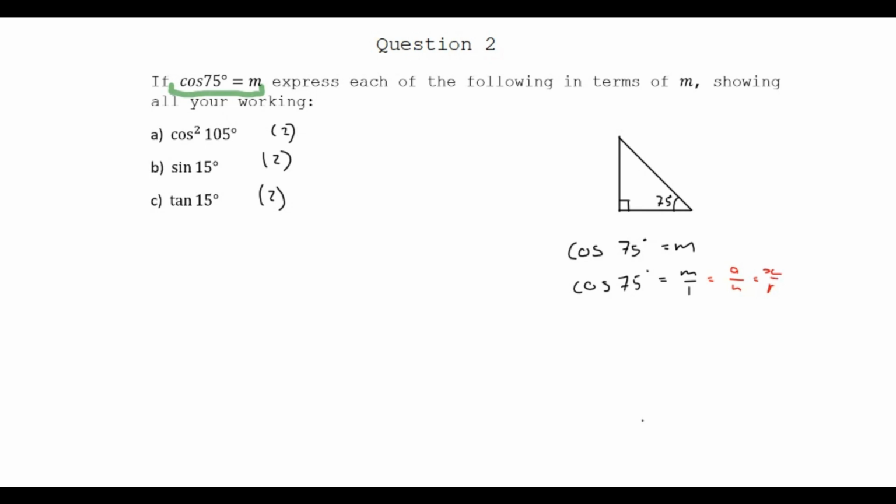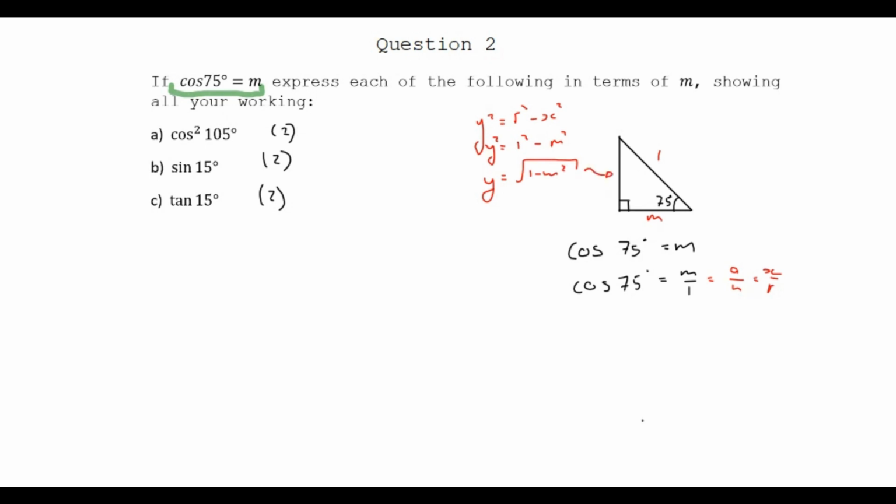So if adjacent here is m and r is 1, we can use Pythagoras to solve our missing side, our opposite side. Using Pythagoras, we get y squared equals r squared minus x squared, which would equal 1 squared minus m squared, but that is still y squared. So to get y alone, we have y equals the square root of 1 minus m squared. And this belongs on this side of the triangle.